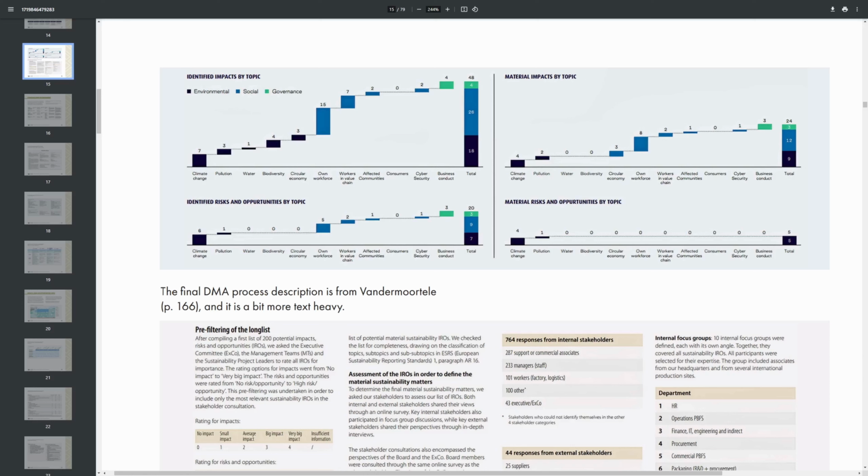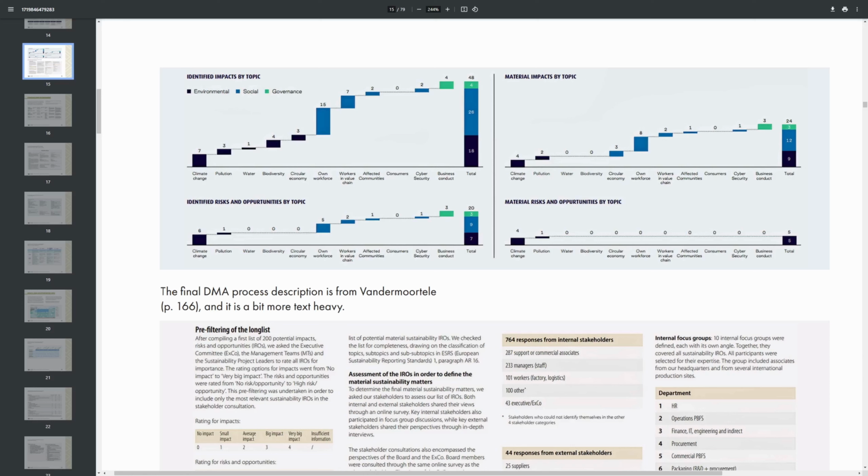effort or reporting burden by topic. What do I mean by that? If you have a large number of impacts in a specific topic, it insinuates, it's a proxy for the reporting burden and the information burden in that topic. If you have a topic which has only one material impact, the information that is disclosed in that topic is going to be very focused and probably fairly short within limits.